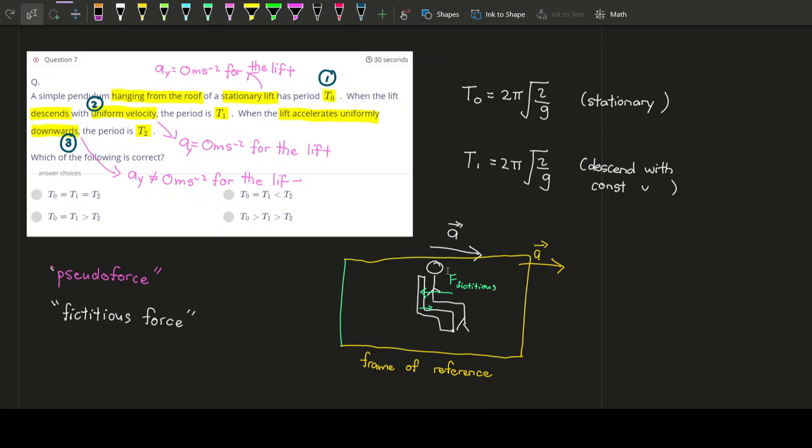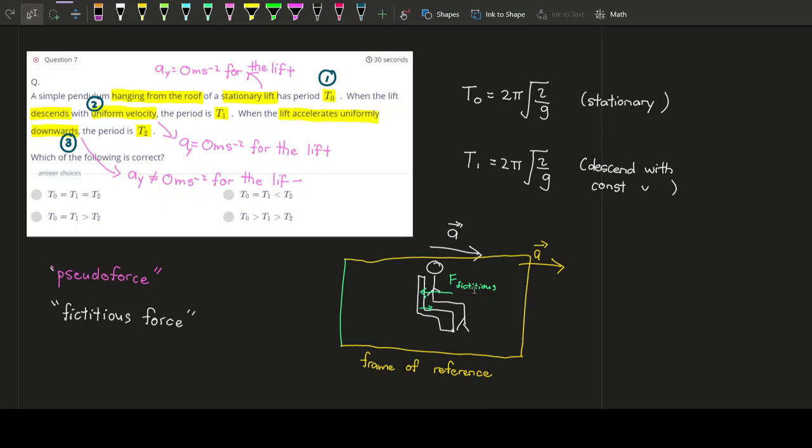But because you are inside, you cannot explain this feeling that you have. Let's say you cannot see or feel anything outside, so you cannot make sense of this situation. So you are forced to create a fake force to explain the feeling where you sink into the chair. And this fake force that we create here is called the fictitious force.